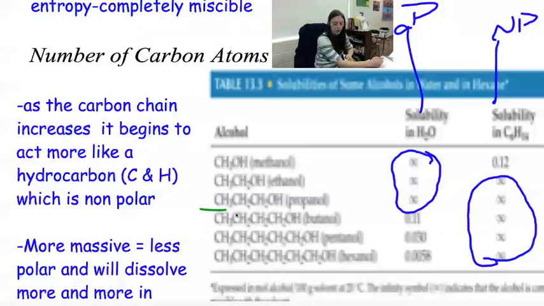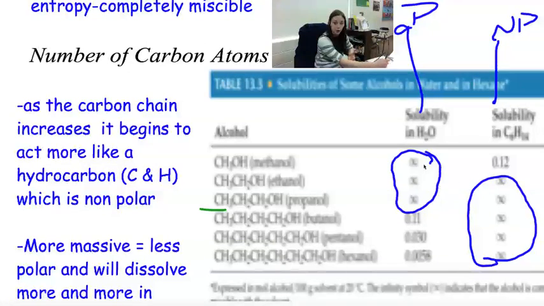These bottom three, which are butanol, pentanol, and hexanol, where we have more carbons, see how long that chain is, we start to actually get numbers for how well they dissolve in water, whereas they are completely soluble in something that is nonpolar, which is going to be hexane.